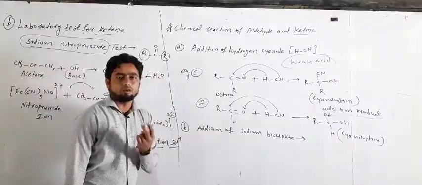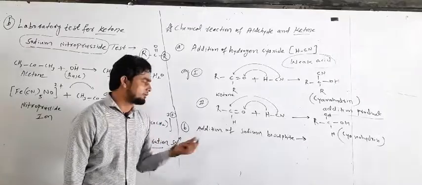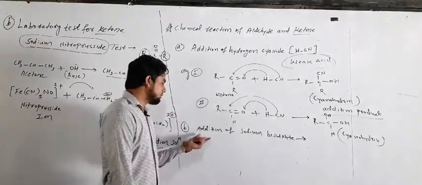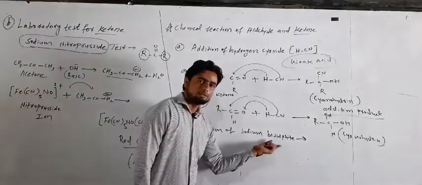It means when two reactants react to form only one product, it is called an addition reaction. So we take the addition of sodium bisulfite.